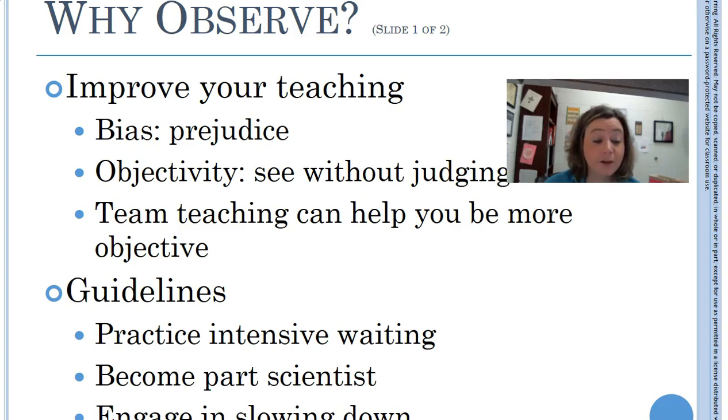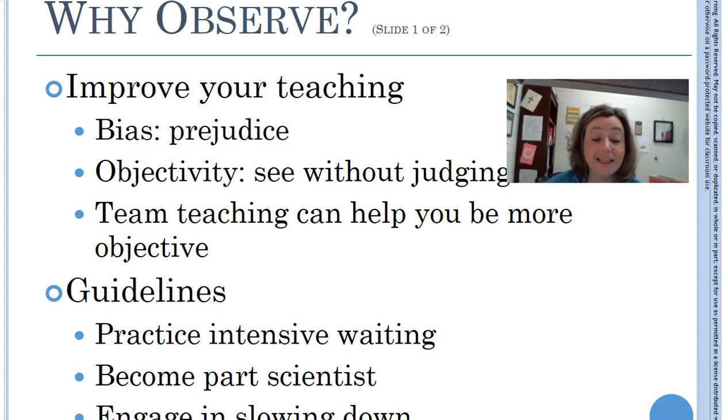We also are going to become part scientist, because we're trying to figure out why something is happening. A lot of times that's what the observation is for, especially when we start looking at behavior problems. We really are starting to look at why is this happening, and so we become a scientist.